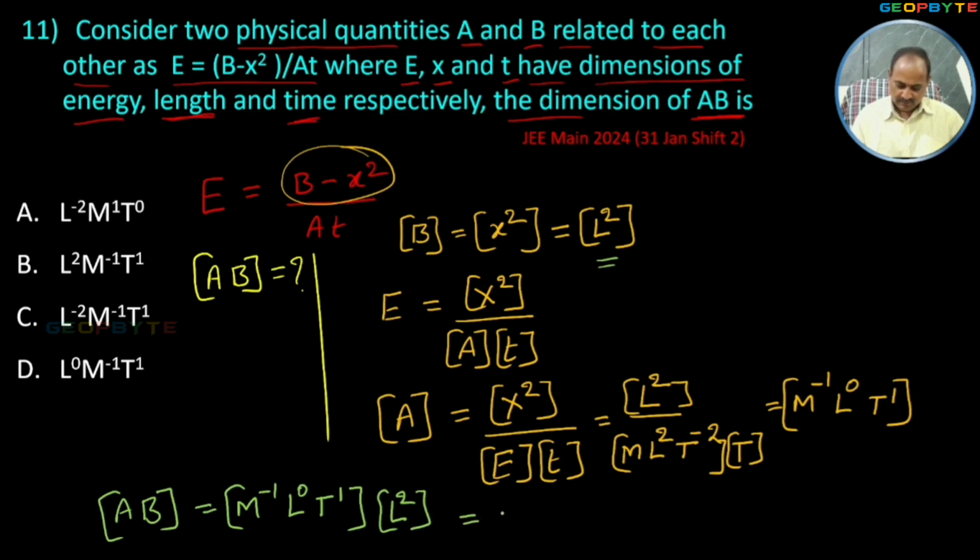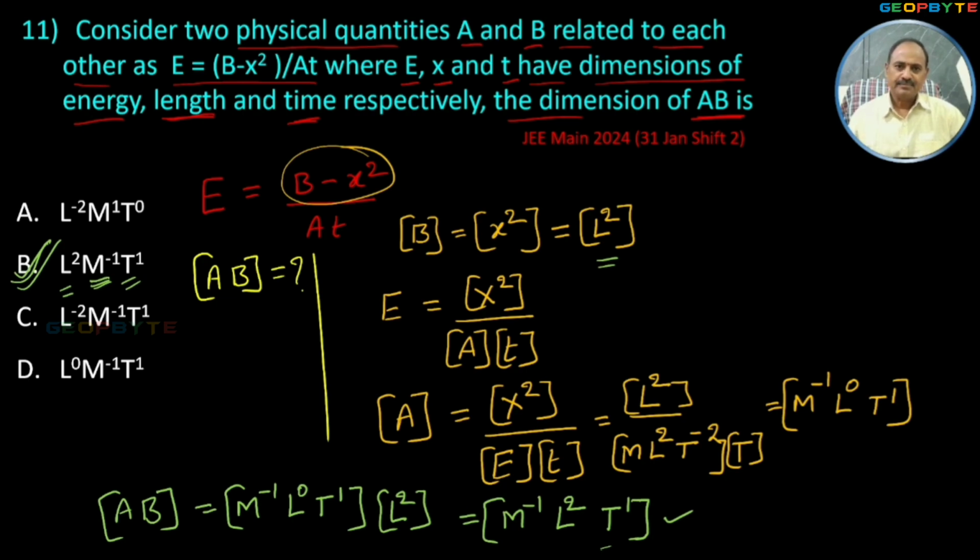It is M power minus 1, L power 2, T power 1. That is the dimensional formula for the product of AB. Look at option B: M power minus 1, L power 2, T power 1. Option B is absolutely correct.